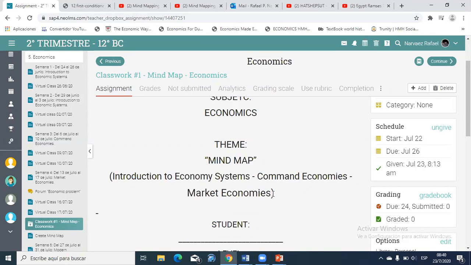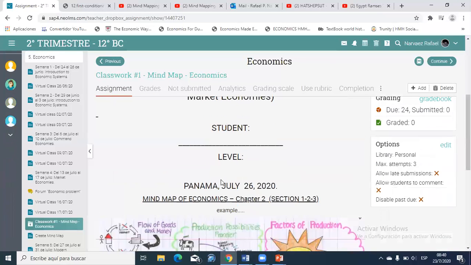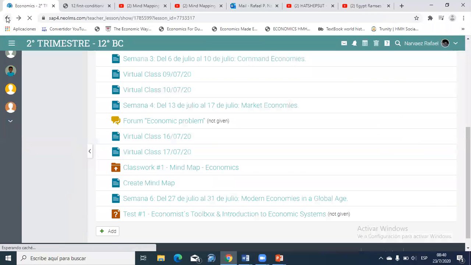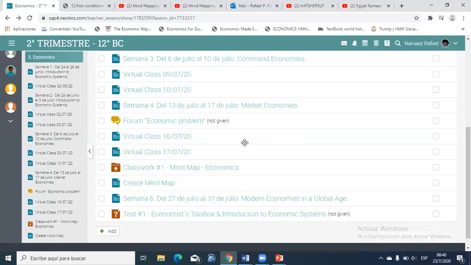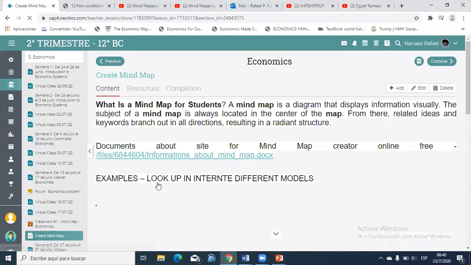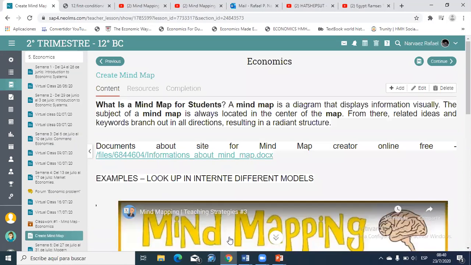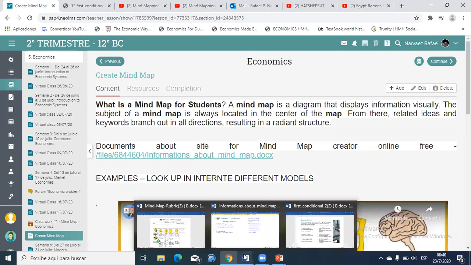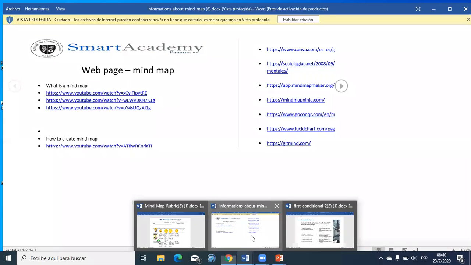Okay, so remember, you have until July 26th. That's on Sunday, guys. Now, as I said before, in case you are not a good drawer, you can draw it or you can do it online. I loaded up over here this site, where if you click over here, you will open a web page with this information.